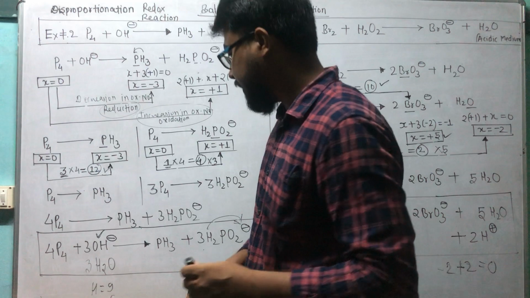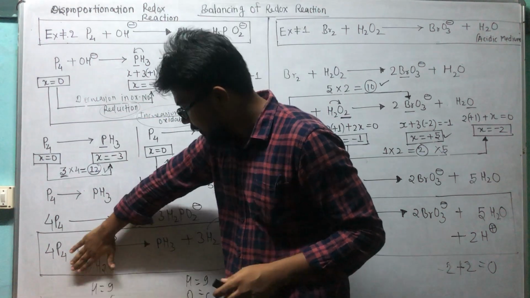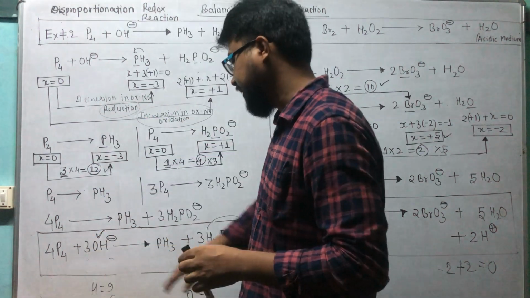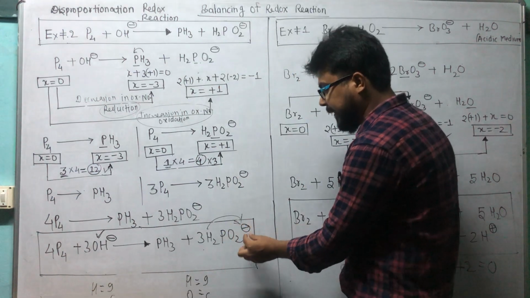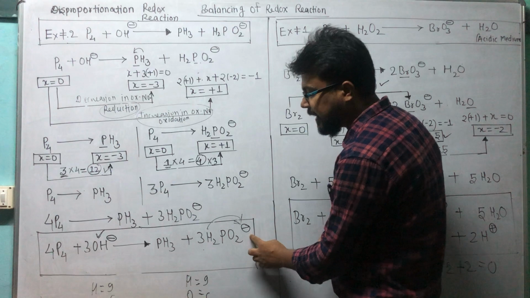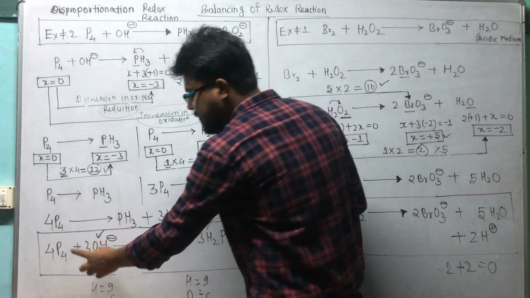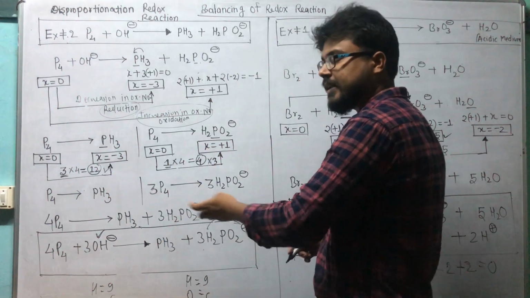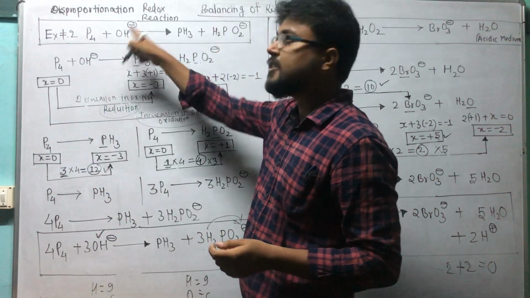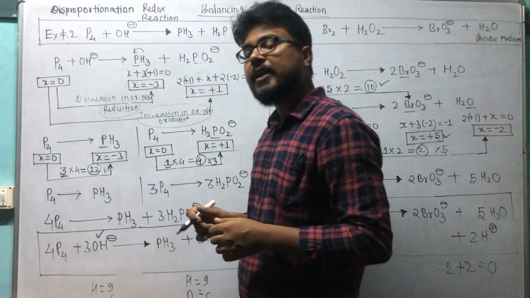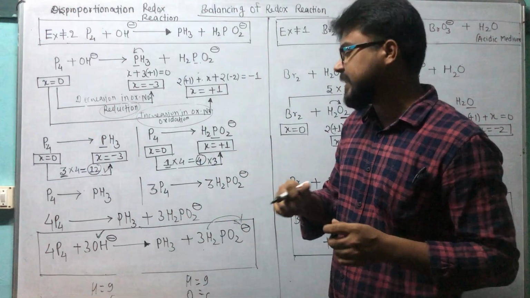I can explain again. After balancing the charge, that is 3 minus, I will add 3 OH minus to that side where minus charges are less. I can't add H plus because it is a basic medium. So after adding OH minus, O and H are disturbed.